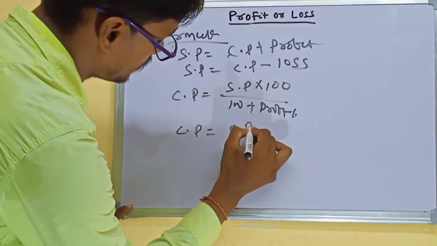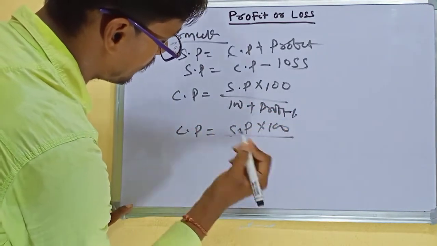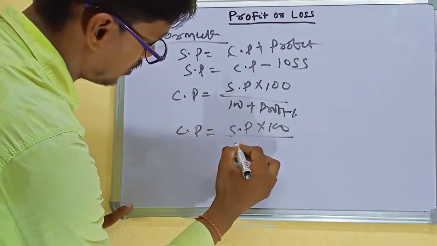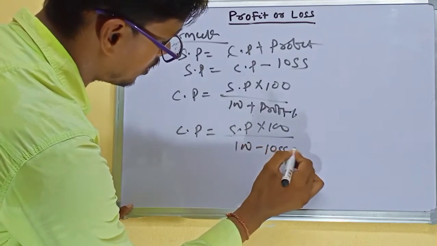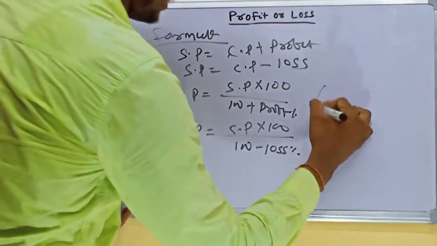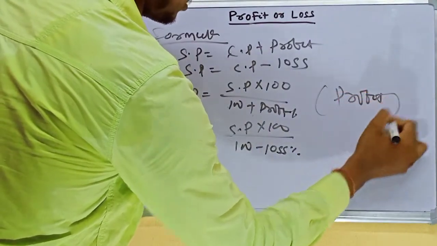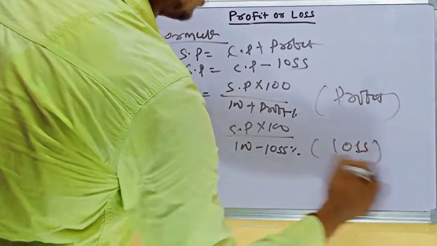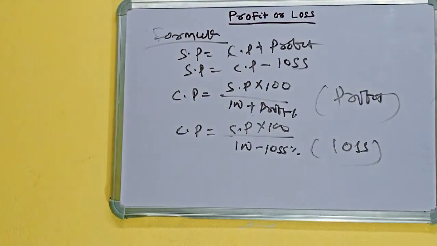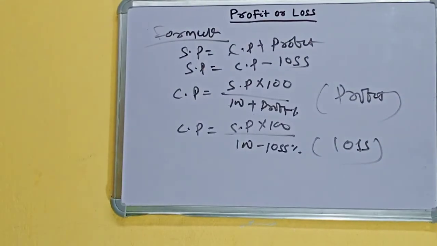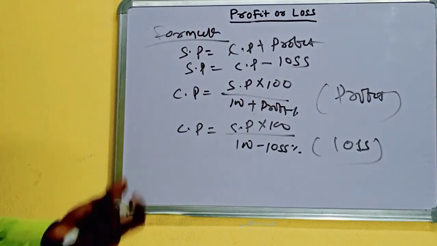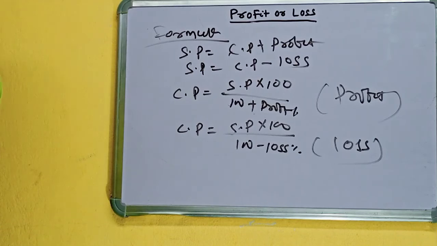CP is equal to SP into 100 divided by 100 minus loss percentage, in case of a loss. All are formulas which are very essential in profit or loss. Thank you.